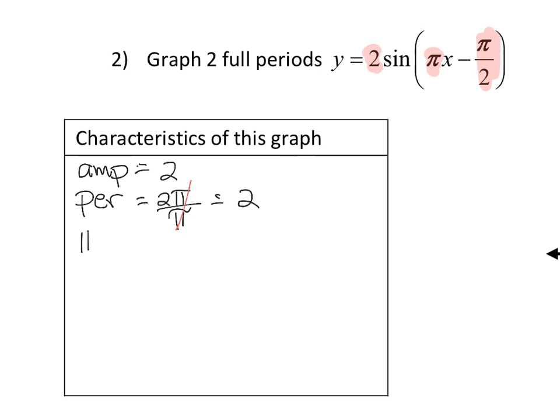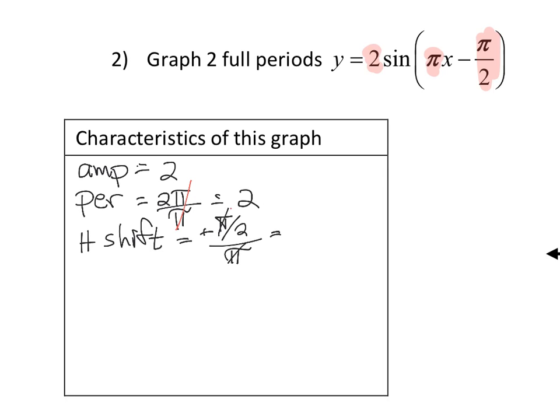All right, my horizontal shift is plus, flip the sign, the pi over 2 over b, which is pi. So this means that the pi's are going to cross out.